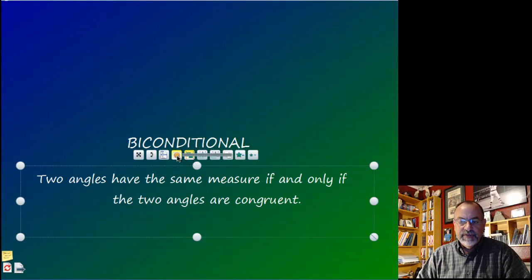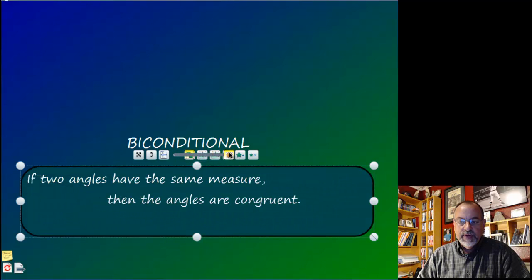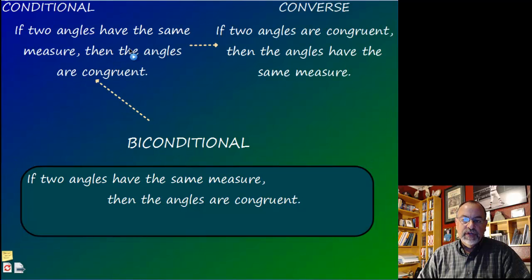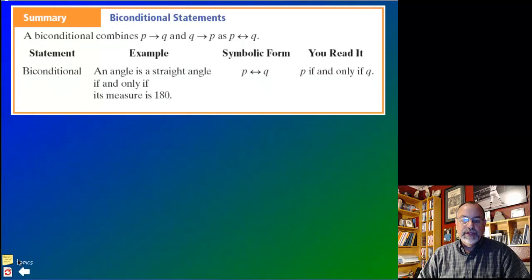Two angles have the same measure, so again we want to take out the if and only if. We're going to put in the comma and the word then. That gives me the conditional, and then the converse simply switches the hypothesis and conclusion, and so then I have this. So two conditional statements to make up a biconditional, and two conditionals that we can get from the biconditional as well.